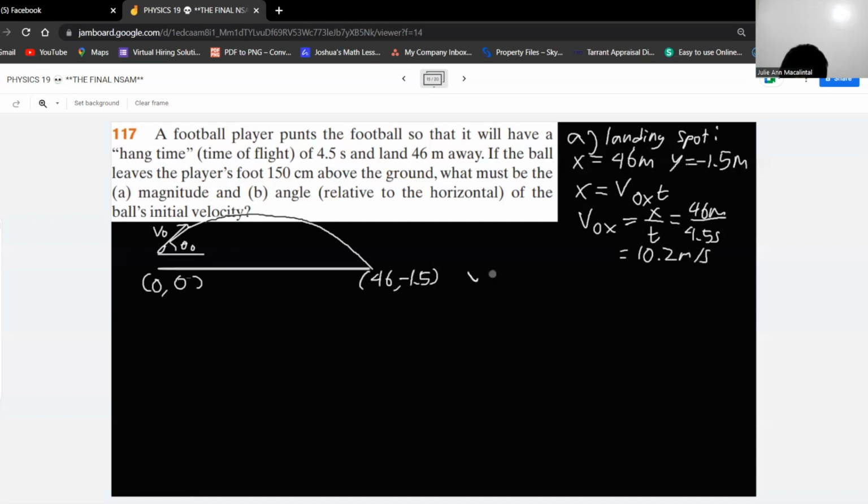Okay, then y is equal to v0y t minus 1/2 g t squared.